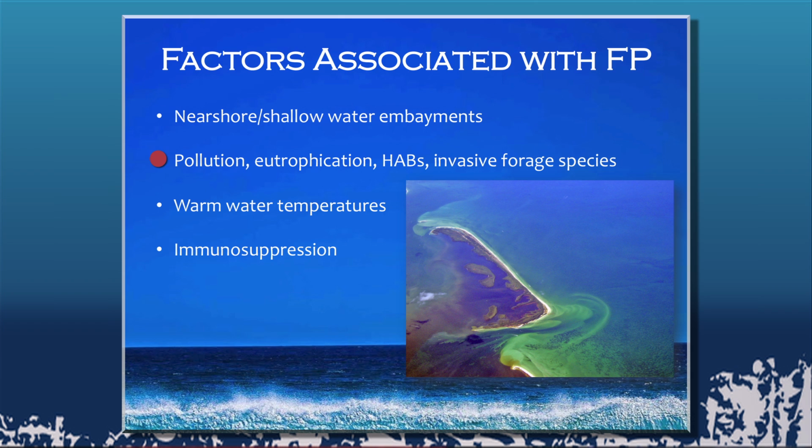It's also been associated with pollution, eutrophication, harmful algal blooms, and invasive forage species like macroalgae. It's been associated with warm water temperatures, which is not that surprising because a lot of herpes viruses are temperature sensitive, and also with host immunosuppression.